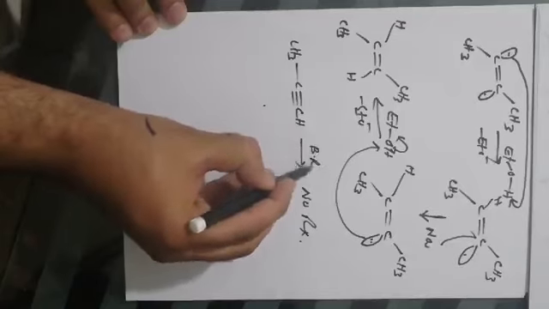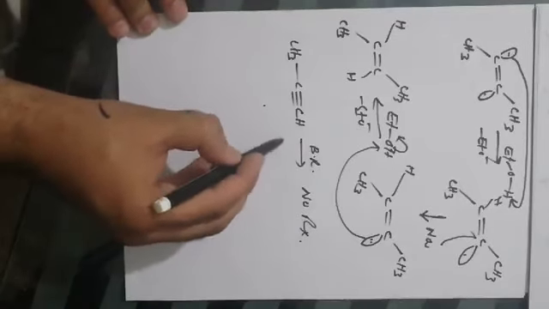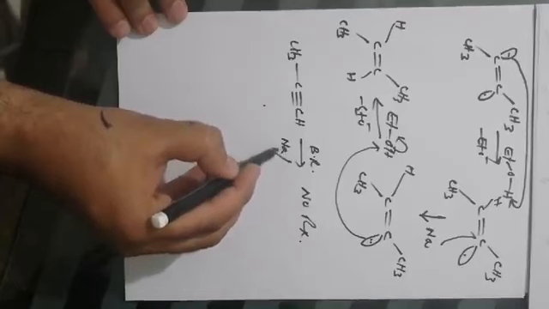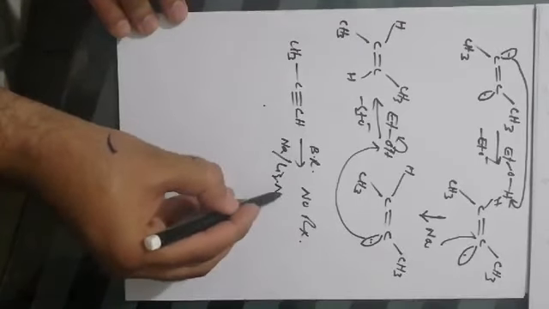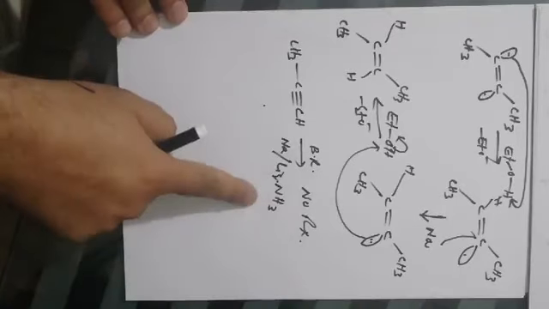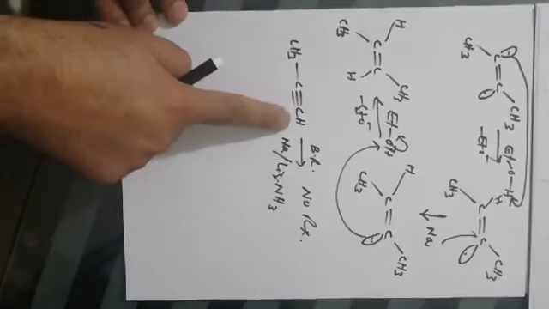Birch reduction. Actually, you know that Birch is a combination of sodium metal solvated in liquid ammonia, and ammonia is a base, and this hydrogen is acidic.